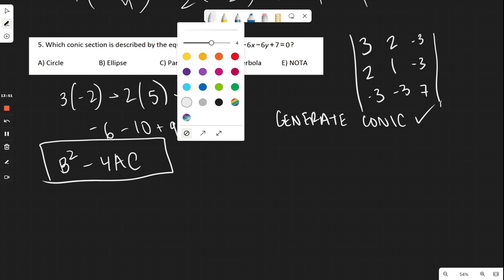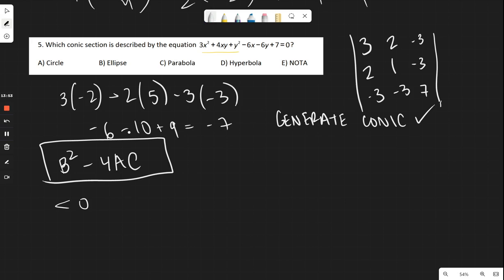So if b squared minus 4ac is less than 0, then it's an ellipse or a circle. It's an ellipse, but a circle is a type of ellipse. The way you know it's a circle is if A is equal to C, which makes sense, right? Equal coefficients for the x squared and the y squared term.